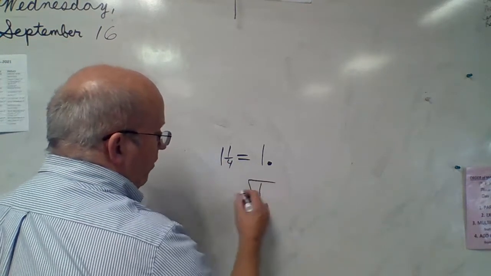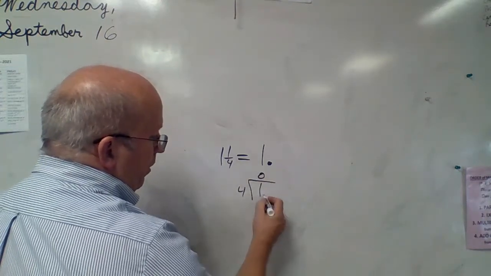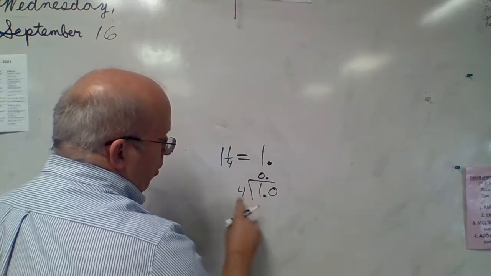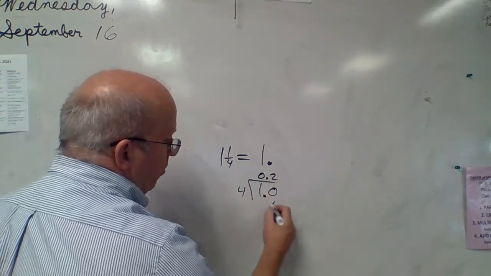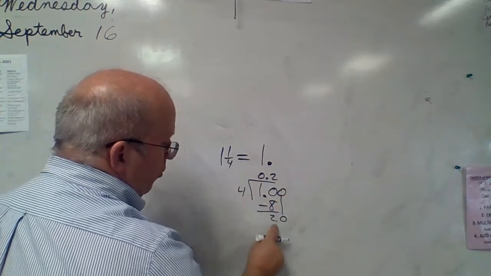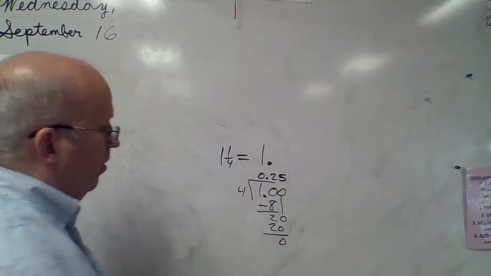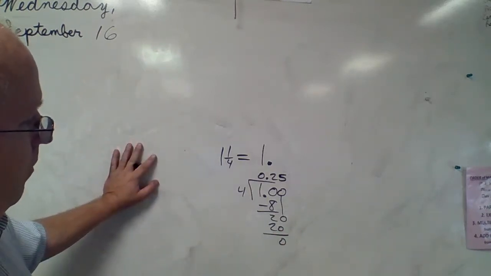Again, 1 divided by 4. 4 goes into 1 0 times. But if I continue, 4 goes into 10 2 times. Bring down another 0. 4 goes into 20 5 times. So what does that mean for our answer?